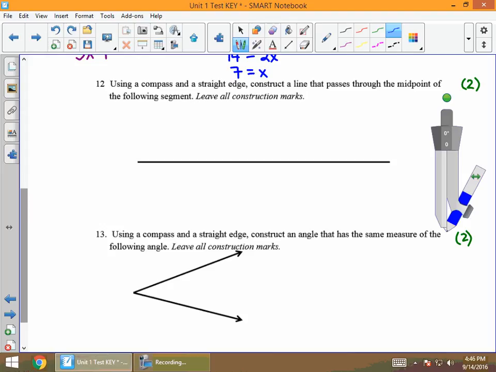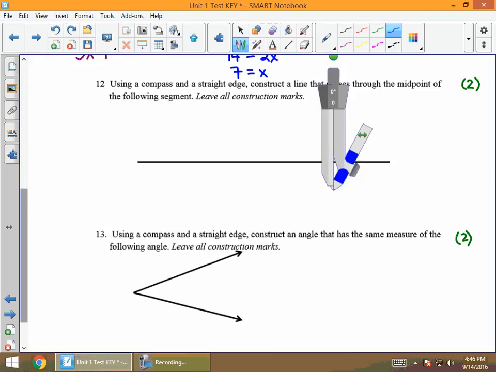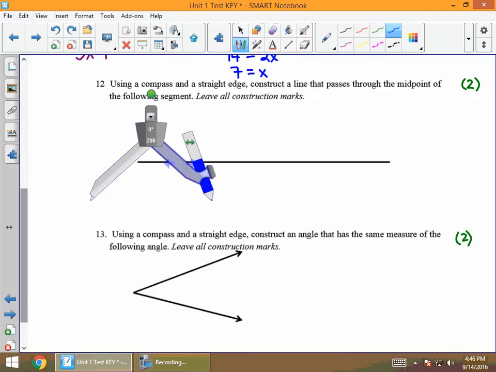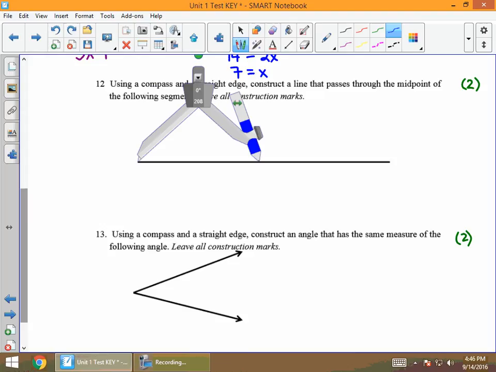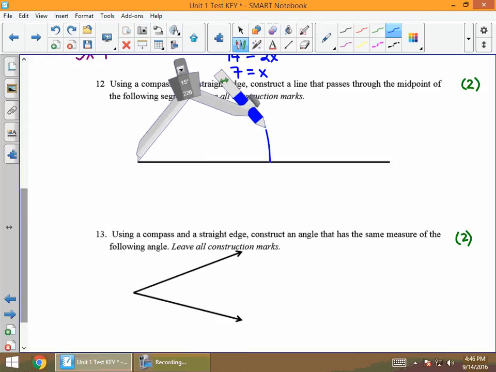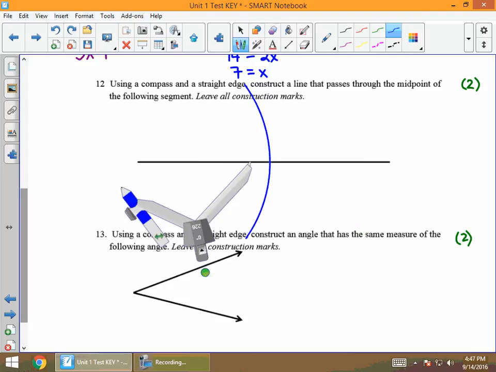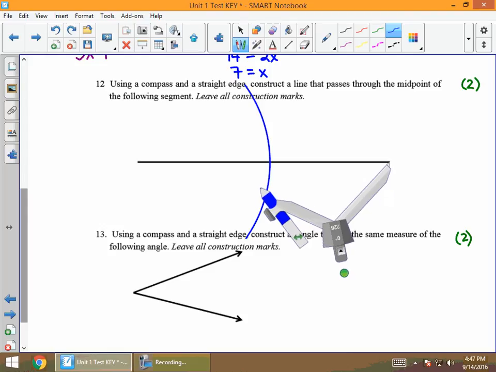Well, the easiest way to draw a segment that goes through the midpoint is to put in the perpendicular bisector. And the perpendicular bisector is we're going to take the compass, open it up over halfway. As long as I'm over halfway, I put an arc. And then I jump to the other end. Still at the same distance on the compass.